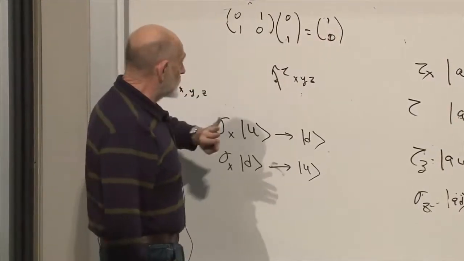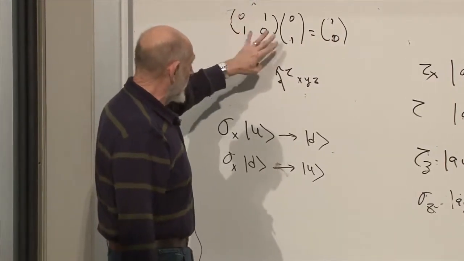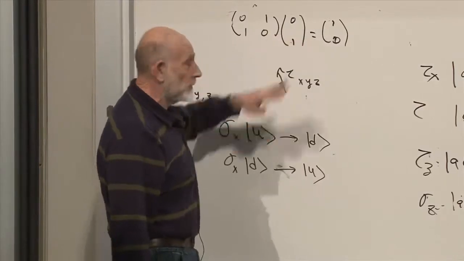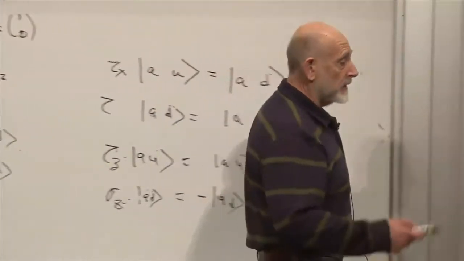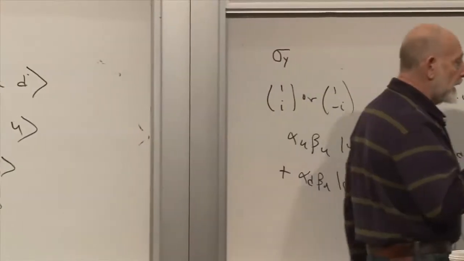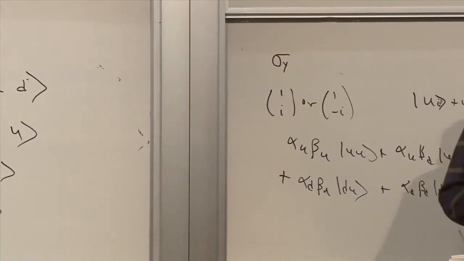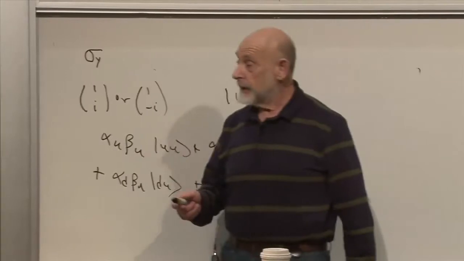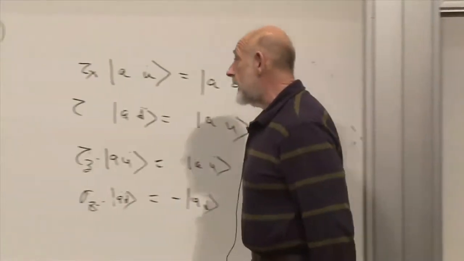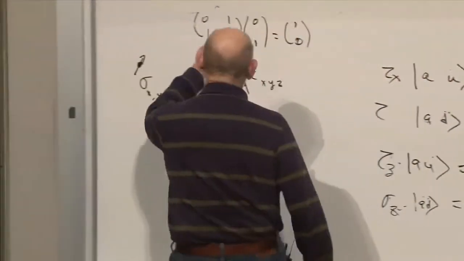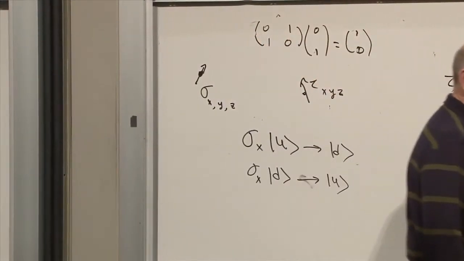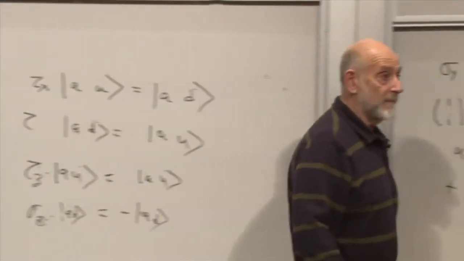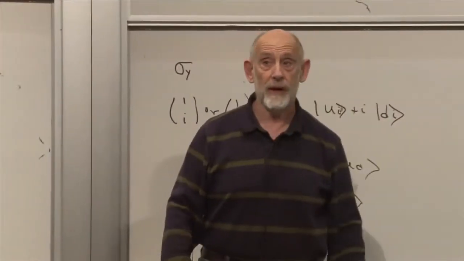An eigenvector is a vector which is kept in the same direction by the action of the operator. Here the operator acts and gives you something orthogonal. You'll have to work that out.